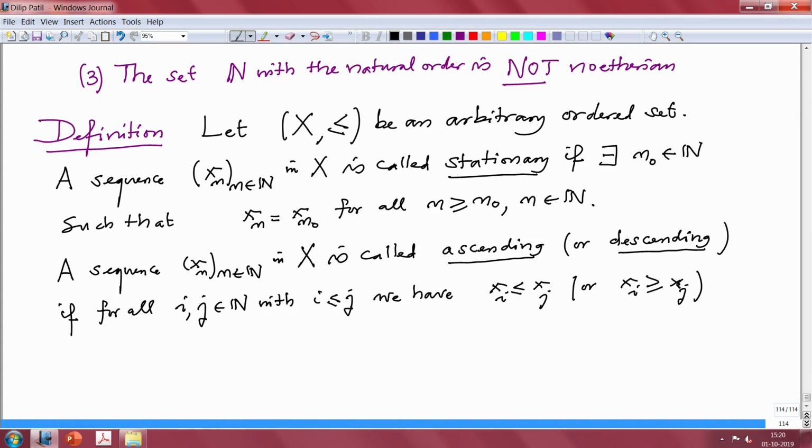Alright. I will also write the adjective strictly. Let me use a different color here. If instead of less equal to this, strictly ascending, strictly descending.